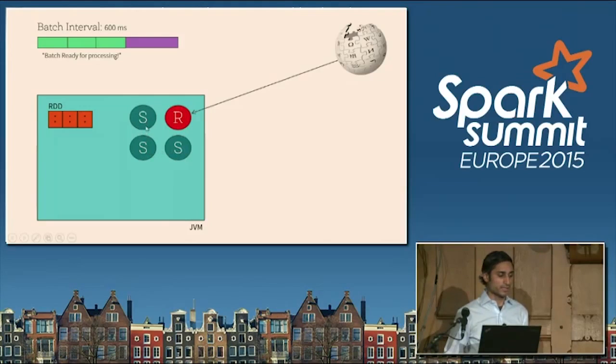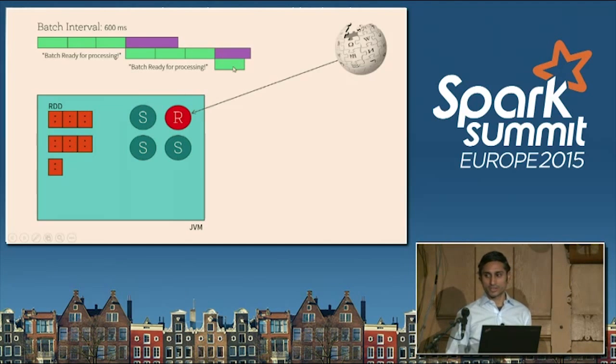Imagine a red task running there, and that is our processing latency. But as we're processing, more data is still coming in. The receiver thread gets another partition for 200 milliseconds, another one, and now this RDD is ready for processing. We start processing that, and while we process it, another partition comes in.